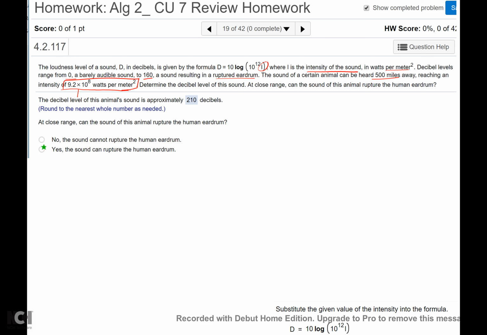It says, determine the decibel level of this sound. At close range, can the sound of this animal rupture the human eardrum? So they're telling me to change I to 9.2 times 10 to the 8. So D equals 10 times the log of 10 to the 12th times 9.2 times 10 to the 8. Okay?